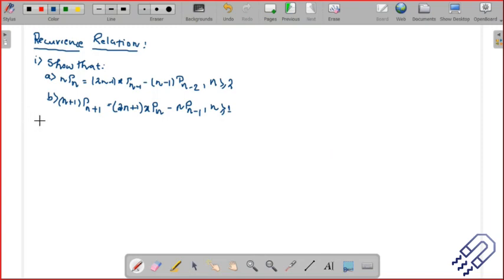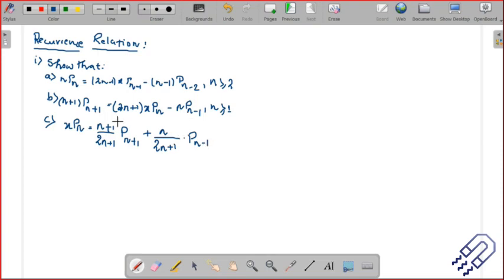Okay, and then there is one more, C. This is x P n is equal to (n plus 1) divided by (2n plus 1) times P n plus 1 plus n divided by (2n plus 1) into P n minus 1.